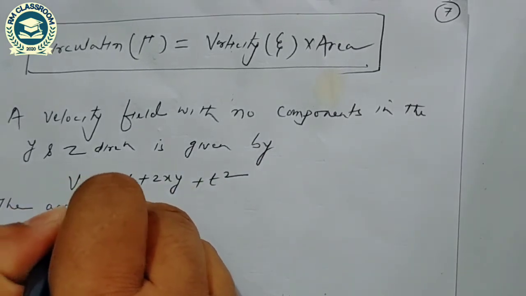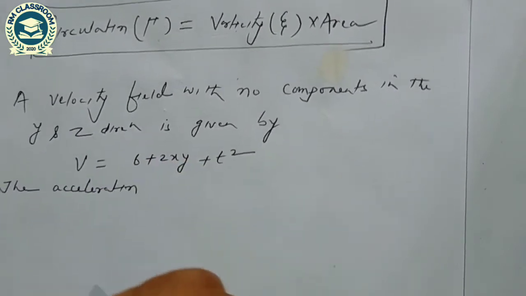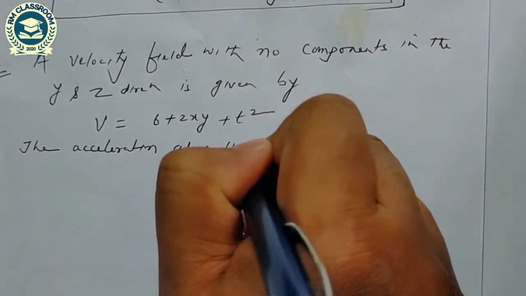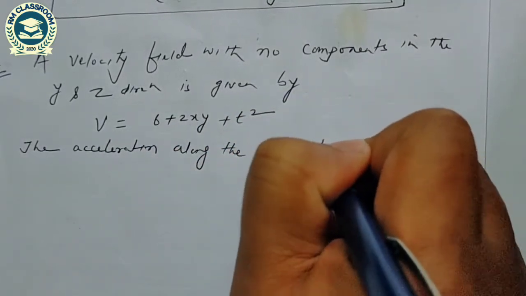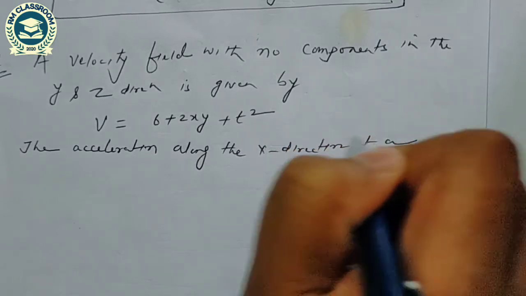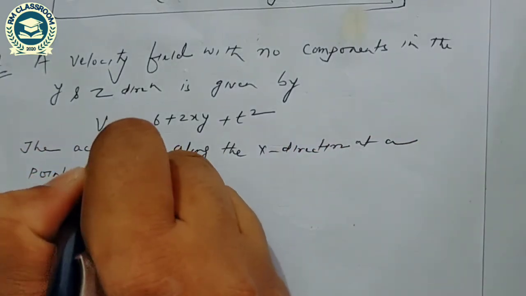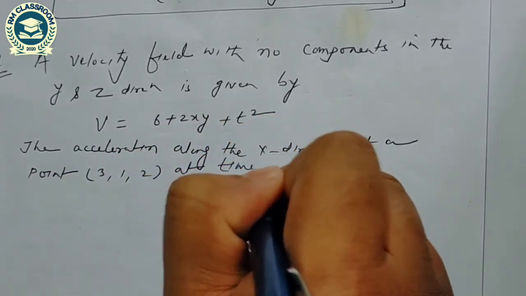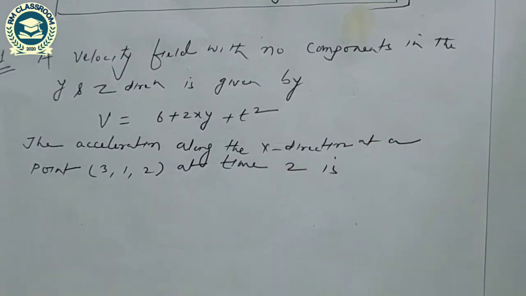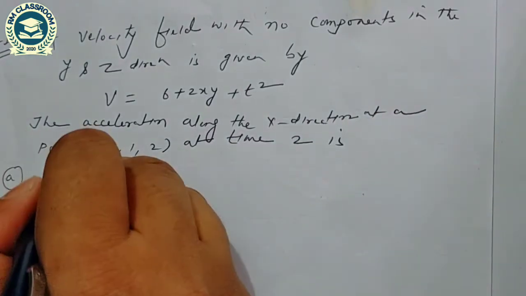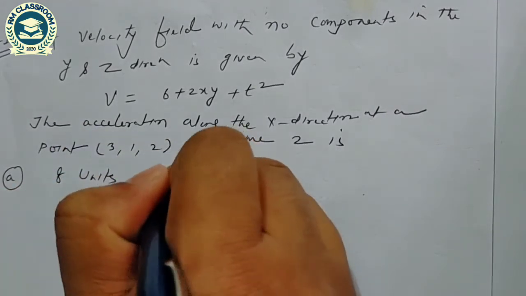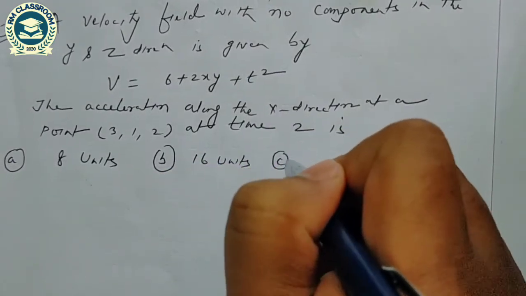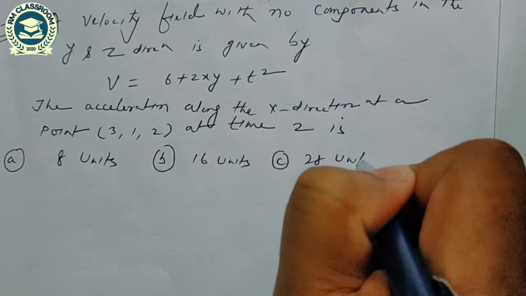The acceleration along the x direction at a point 3, 1, 2 at time 2 is option A 8 units, option B 16 units, option C 28 units, and option D 36 units.